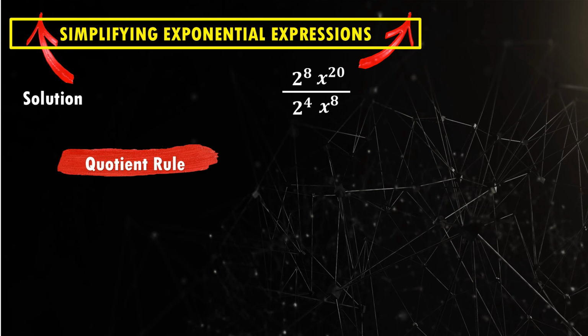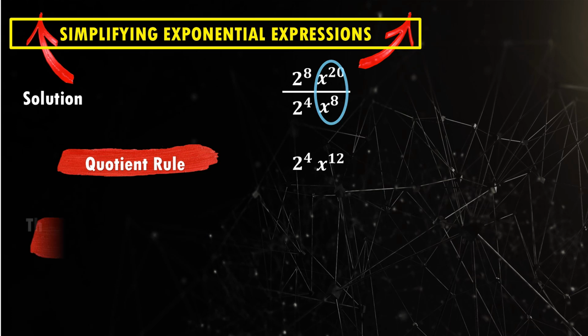Yung first term muna, unahin natin with same base, which is 2. Ang makukuha natin sagot is 4. So, 8 minus 4, we have 4. So, meron tayong unang term, which is 2 raised to 4. Then, yung second term naman natin, subtract lang din natin yung exponent. We have x raised to 12, or 20 minus 8 is equal to 12.